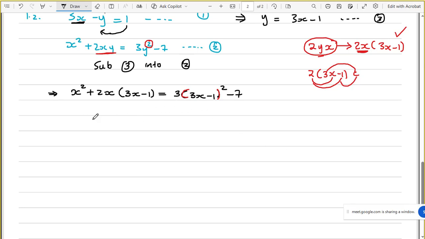So you know what I'm going to do? I'm just going to rewrite the bracket now. Leave this one for now because I'm not multiplying out my brackets yet, because I need to expand the brackets first. 3x minus 1 into 3x minus 1, minus 7.